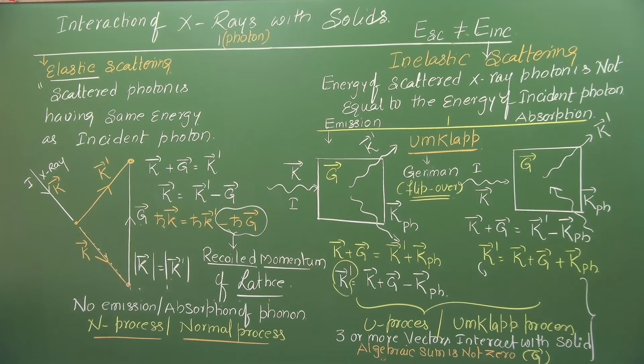Sometimes this is called the flip over process also. I think momentum vectors are reversed in direction. That's why they said it is a flip over. Exactly, I don't know, but that is what I am thinking.